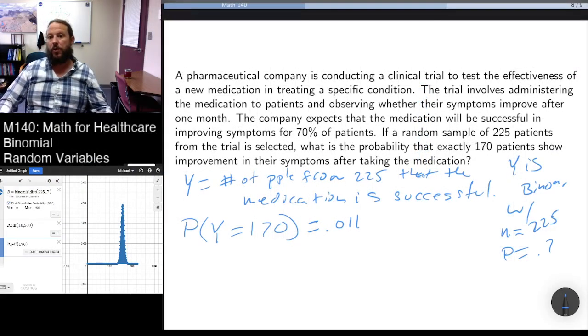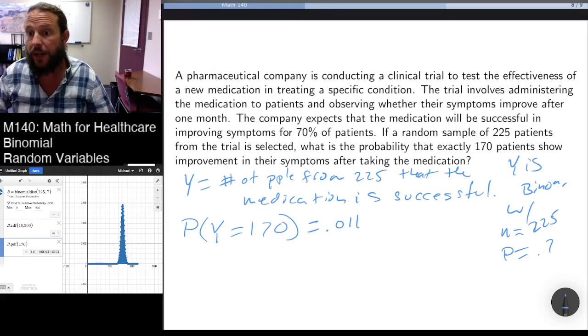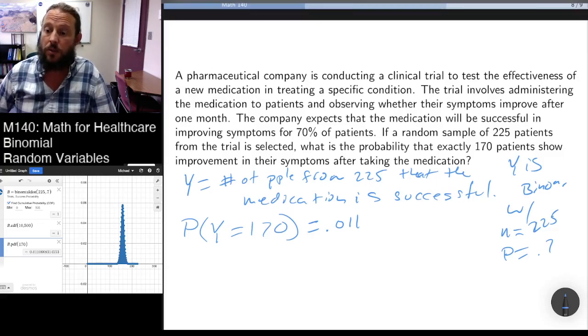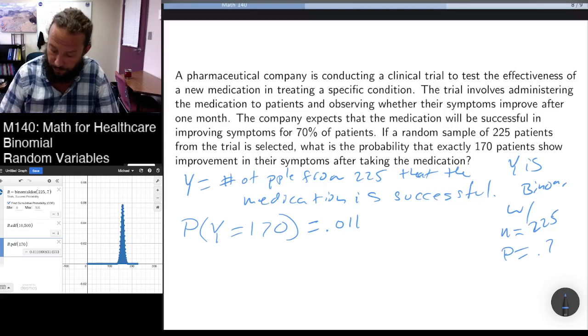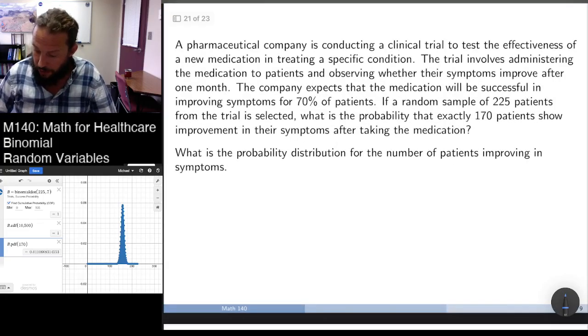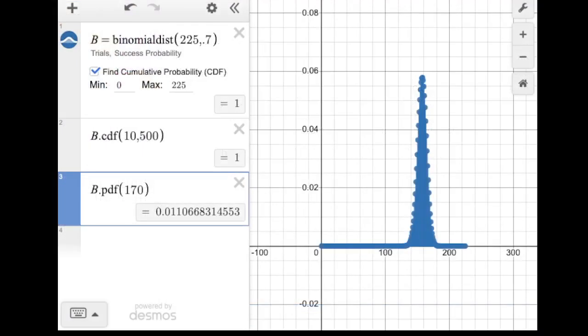So the probability that exactly 170 people successfully improve symptoms from the medication is 0.011. What is the probability distribution for the number of patients improving? We just looked at that. This is what the distribution looks like, shifted over to the right a bit. It's a pretty small probability.